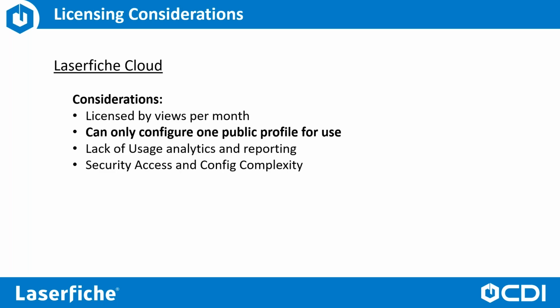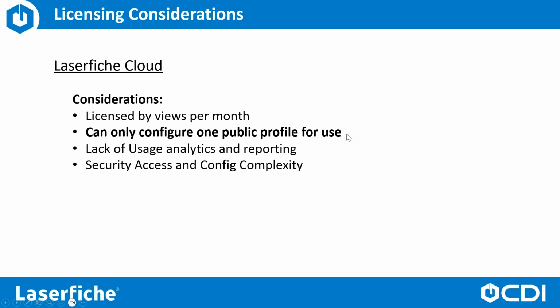Next, I want to talk about some considerations. The main one that I like to call out is that if you have a Laserfiche Cloud instance and you are using the public portal, it's really great for residents and other constituents of your organization to self-serve and find the documents that they need. But the caveat is you can only configure 1 public profile.